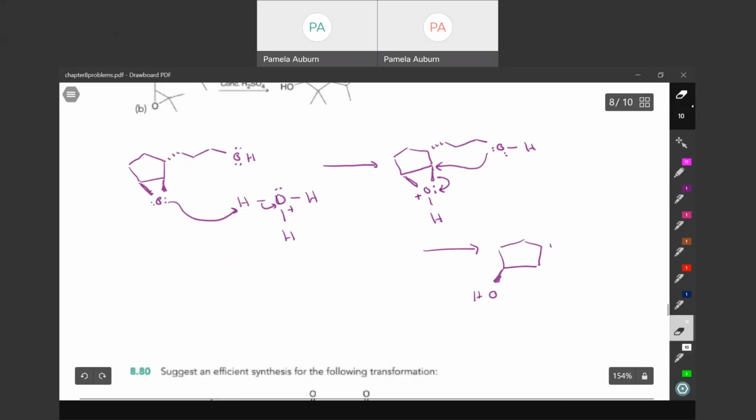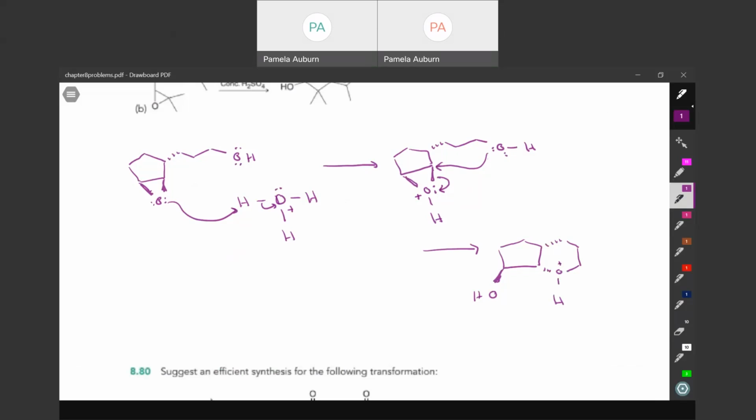So it's going to be 2, 3. And then we've got to do another proton transfer. Since I'm in aqueous acidic solution, water has to be my base.